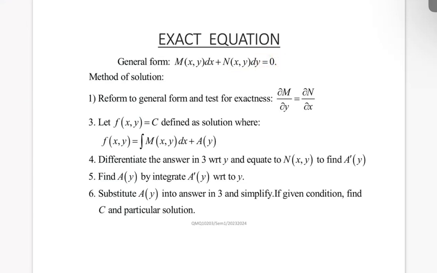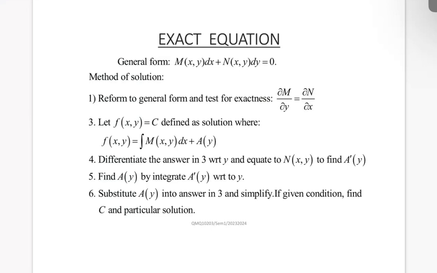In order for this to be an exact equation, first you must write it in the general form, and then you must show that this equation is exact by doing the test for exactness.